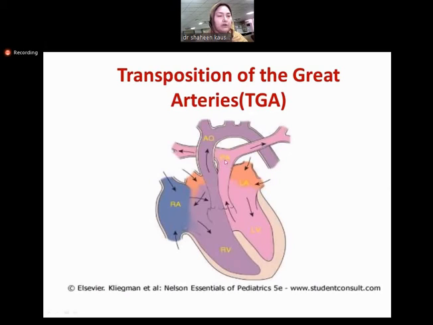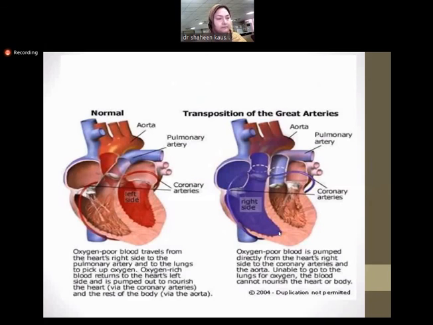So oxygenated blood goes again into the lungs and comes back to the left atrium, while blood from the systemic circulation comes to the right atrium and then the right ventricle, and again goes to the systemic circulation. Blood from the systemic circulation is not going to the lungs for oxygenation, and it keeps moving in a vicious circle.